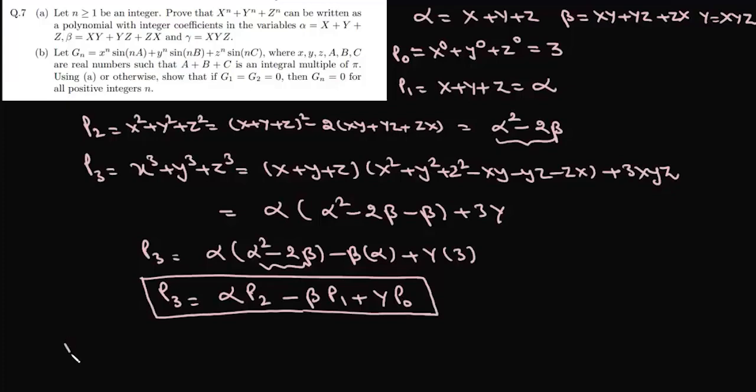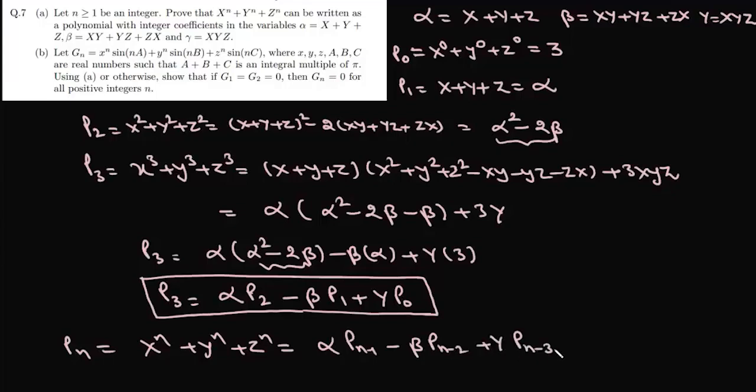So we can write pn, which is x to the power n plus y to the power n plus z to the power n, as alpha pn minus 1 minus beta pn minus 2 plus gamma pn minus 3. Now we have alpha, beta, gamma, and all of these are polynomials with integral coefficients. That means this pn will be a polynomial with integer coefficients in the variables alpha, beta and gamma.